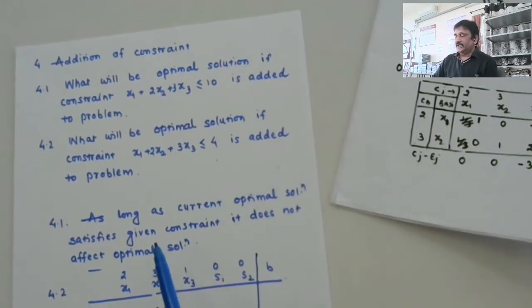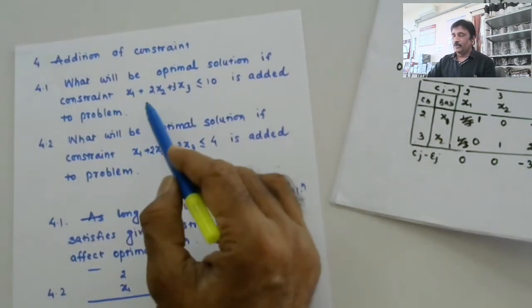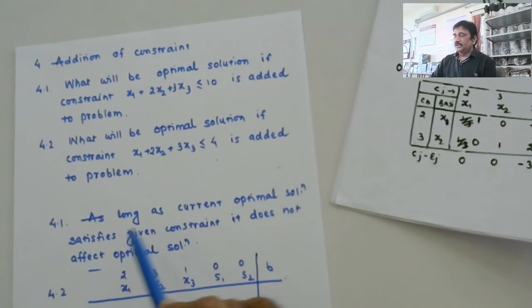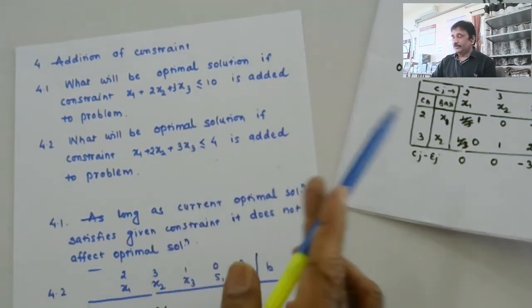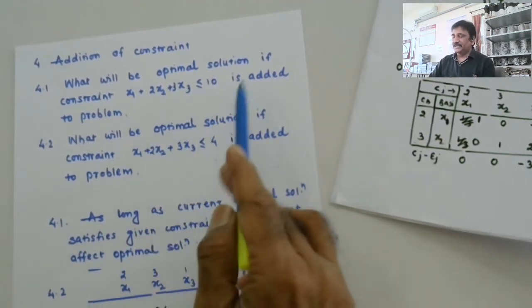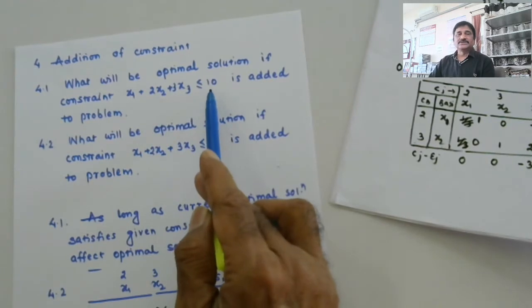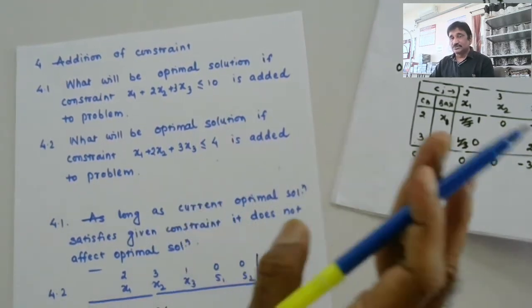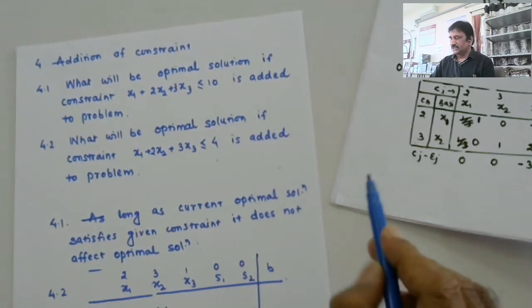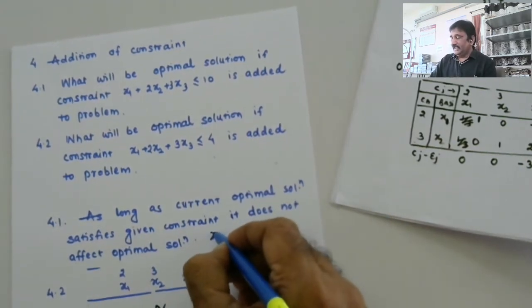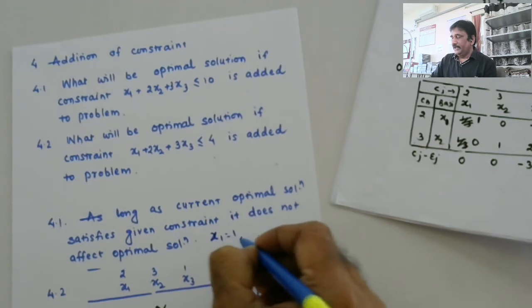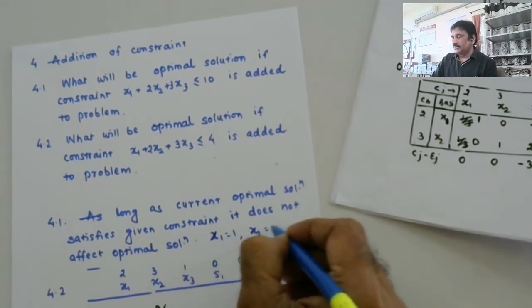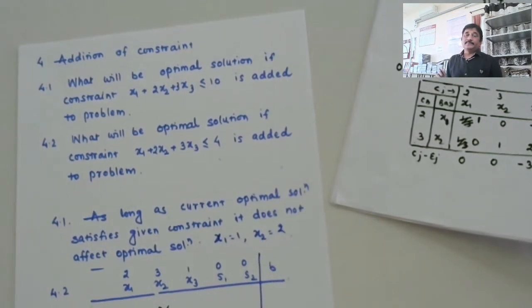So that's what we have already solved in 4.1, because your current optimal is satisfying the constraint, and the solution is x1 equal to 1 and x2 equal to 2.